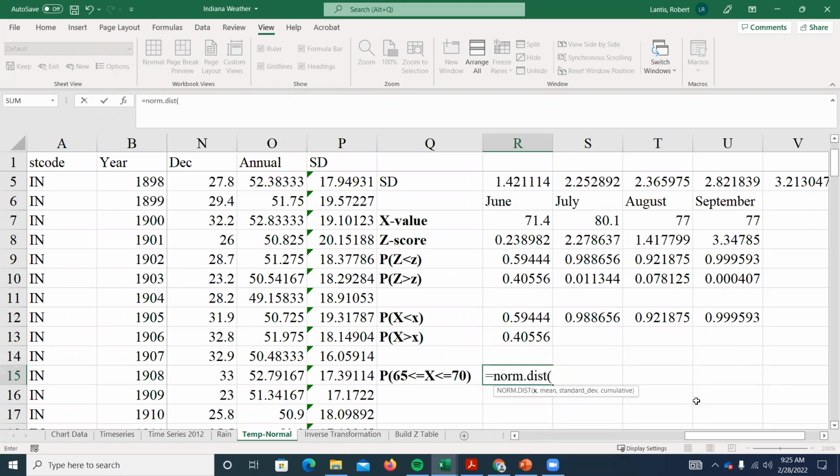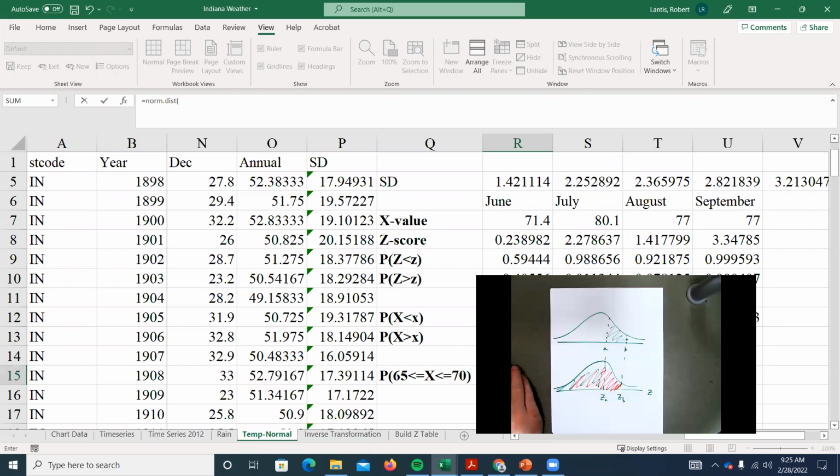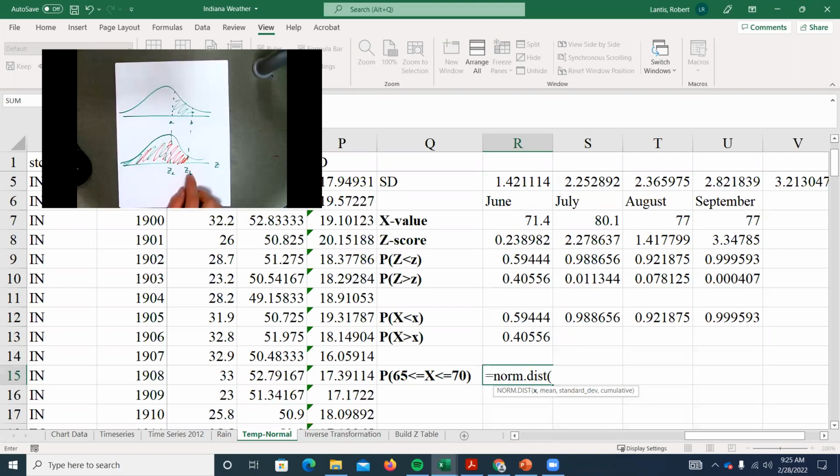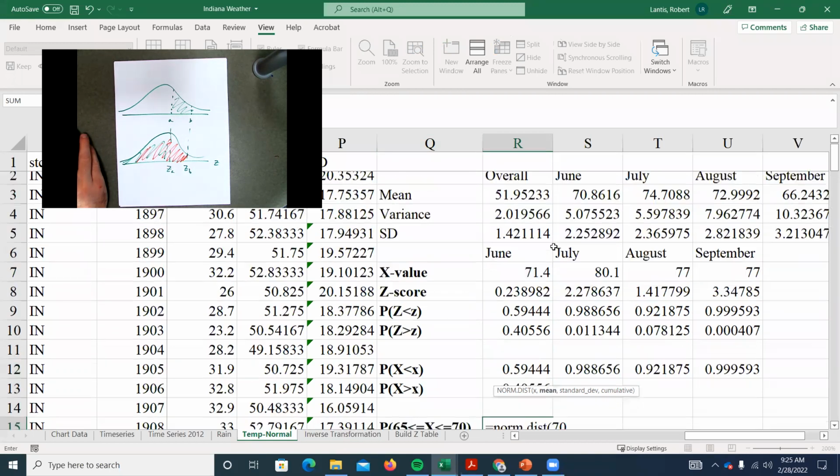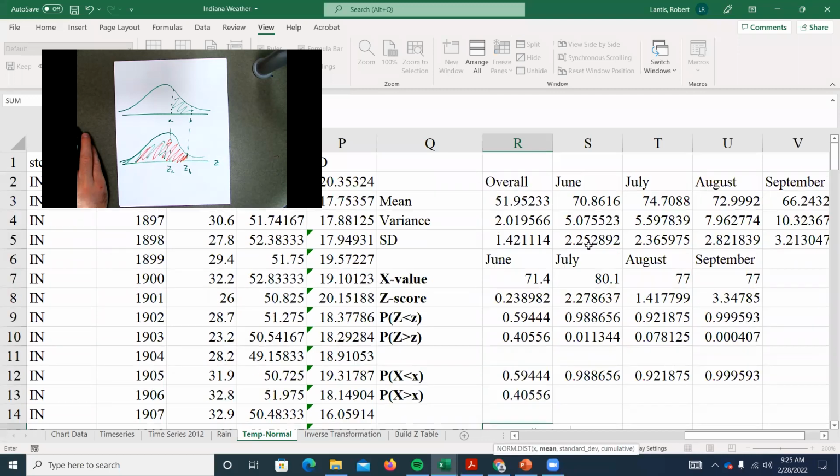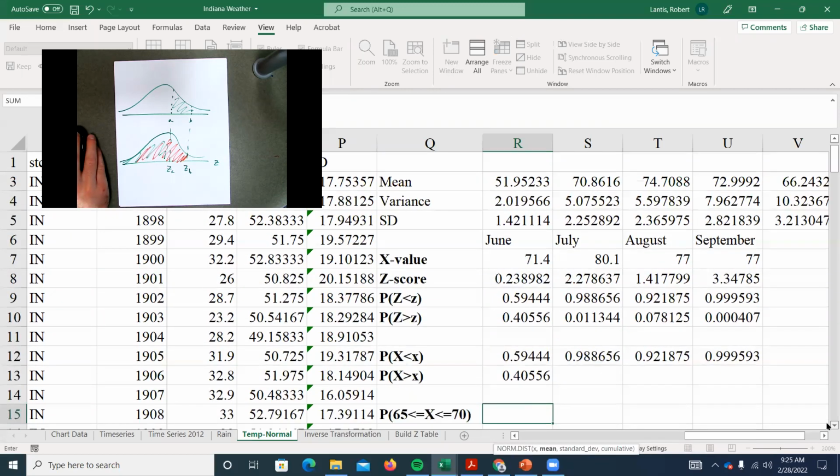So here I'm just going to think about this as norm.dist. The first thing I need is the area to the left of my larger value, which is 70, the B value. So I'm going to say 70, comma, we'll use June. Here's June's mean temperature, comma, here's June's standard deviation, comma 1.